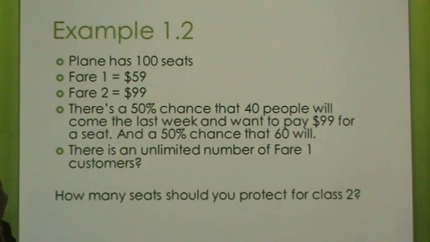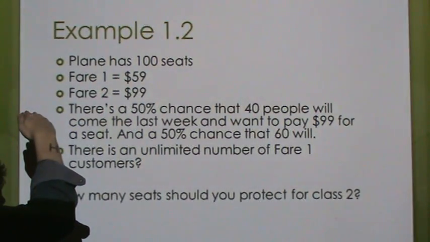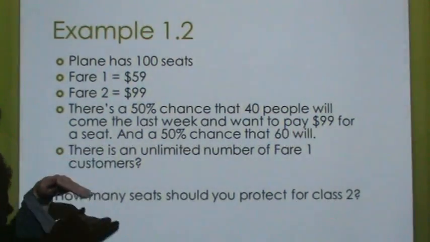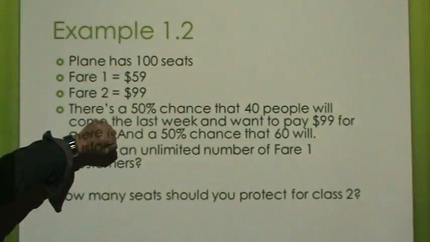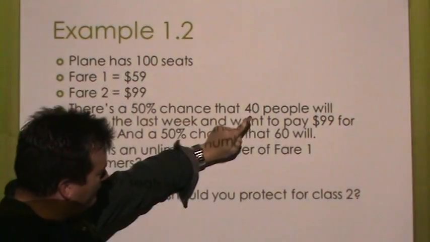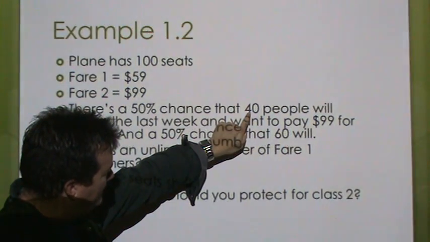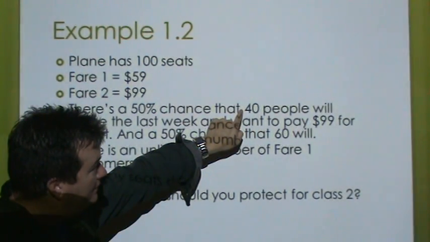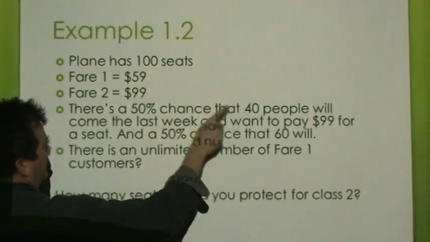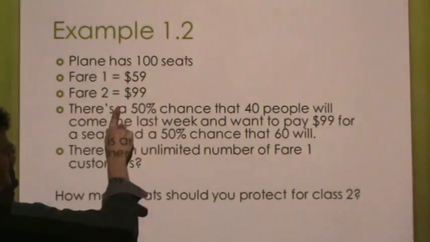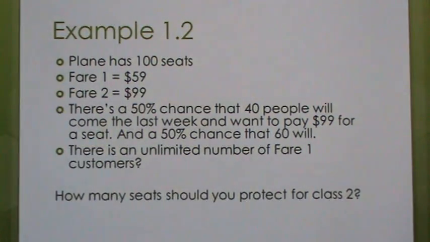I didn't solve this one, but I think it's linear. I think it ends up being better to protect 40, because 60 times 59 and 40 times 99 will be higher than the average of the other two.